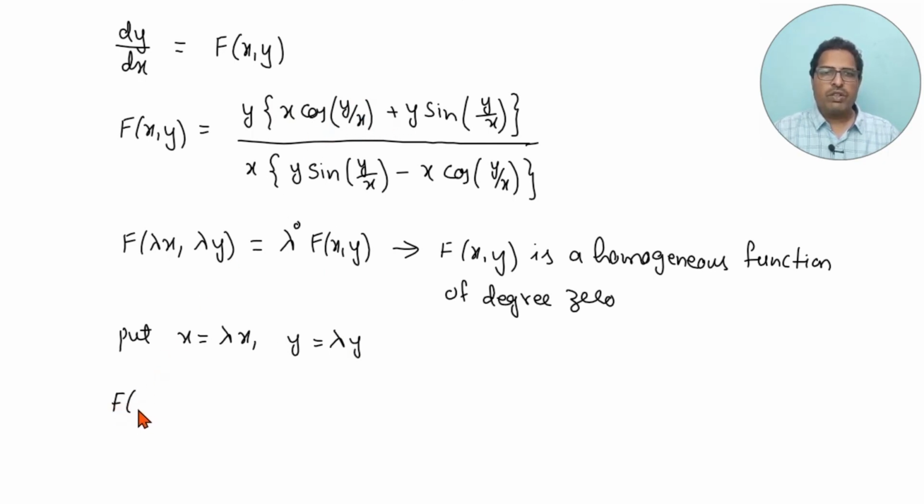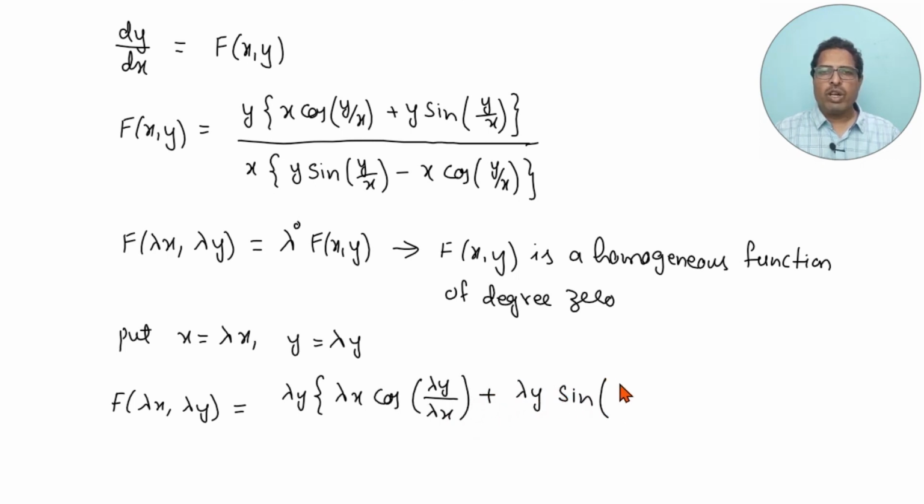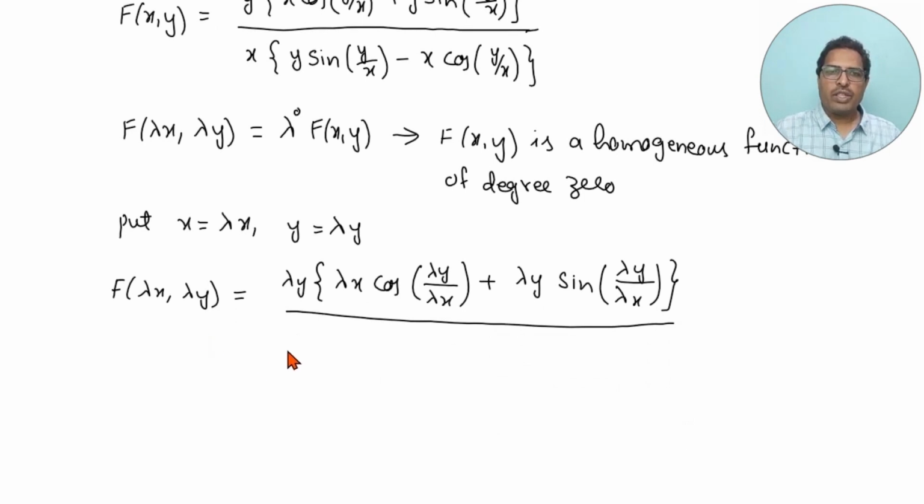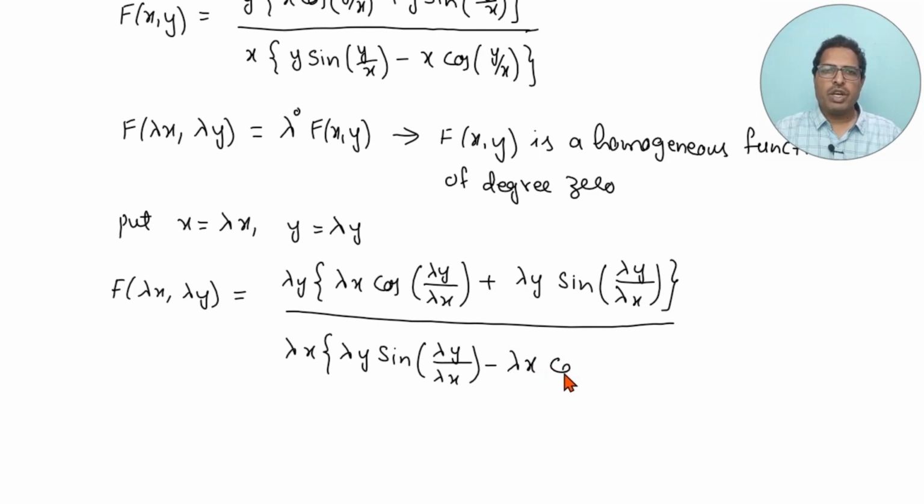We get f of lambda x comma lambda y equals, y becomes lambda y, x becomes lambda x times cos of lambda y divided by lambda x, plus lambda y times sin of lambda y divided by lambda x, whole divided by the denominator: lambda x times lambda y into sin of lambda y divided by lambda x, minus lambda x cos of lambda y divided by lambda x.